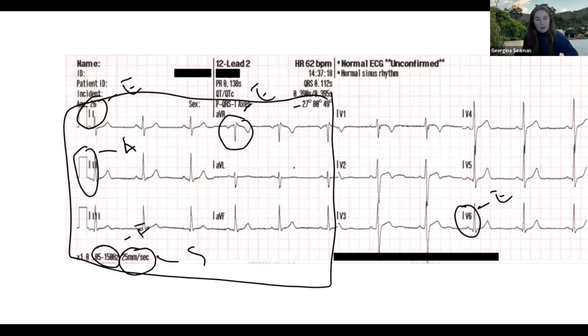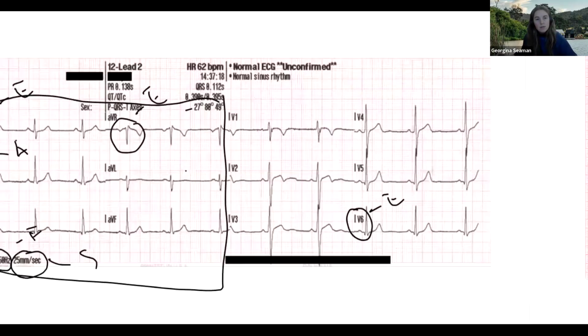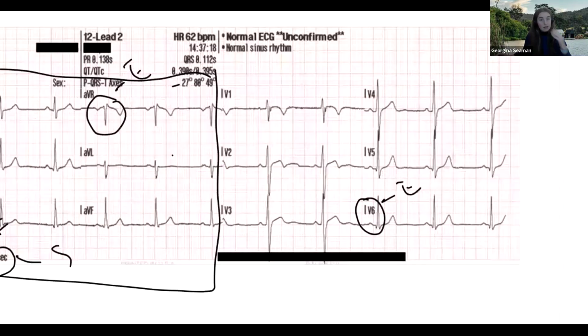Then if we head over to our R wave progression to talk about what Gareth was just referring to, we're looking for our QRS complex to increase each time. So we see it go from maybe 3 small squares here, and it increases up to V4 to 10, 12, or 13. So we've got 3 to 13 small squares.